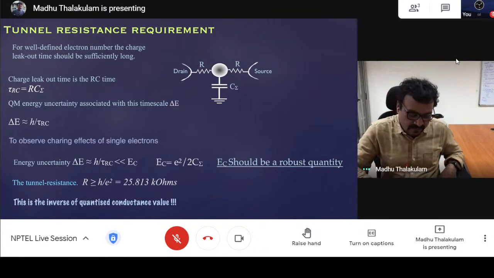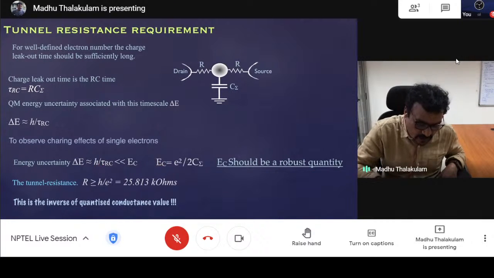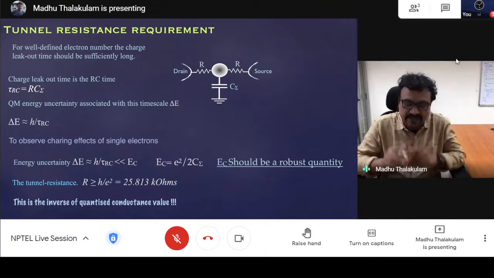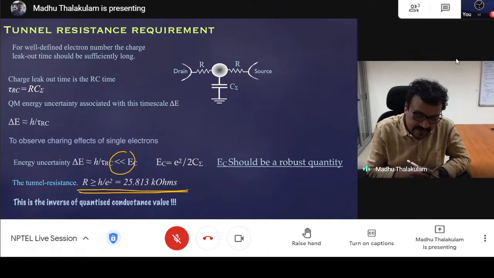So when you work this out, τ_RC is RC_Σ, and when you substitute for E_C and τ_RC and rearrange the terms, what you get is a condition on the resistance. Because this is an inequality, it translates to an inequality here.